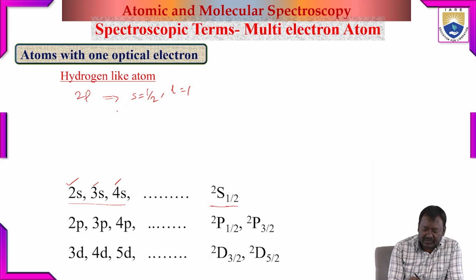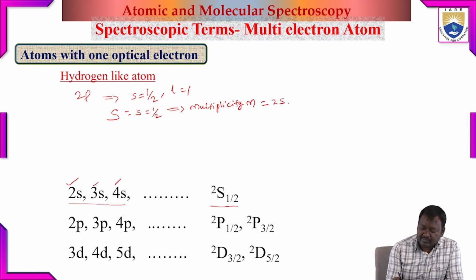Total spin angular momentum S equals 1 by 2. Then multiplicity 2S plus 1 will again be 2, and total orbital angular momentum L equals 1.